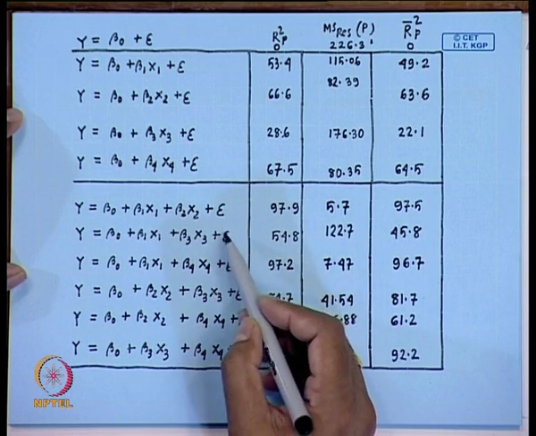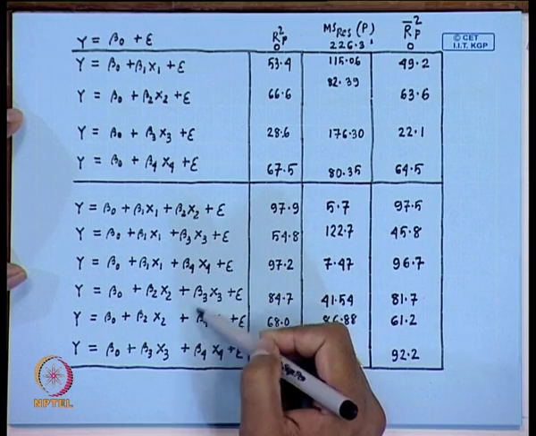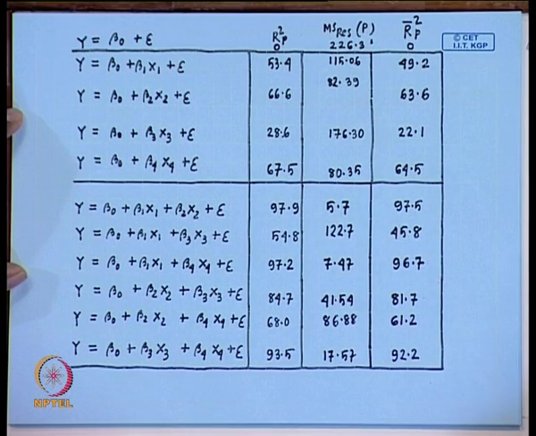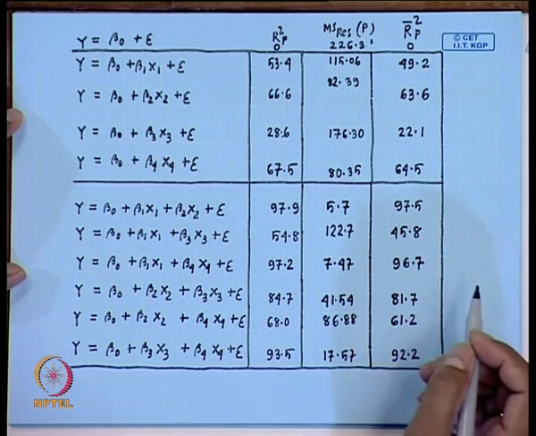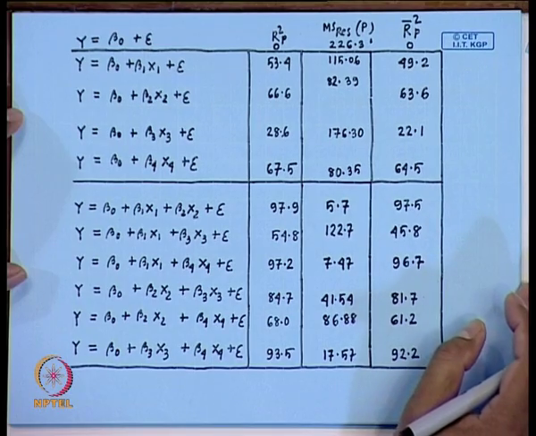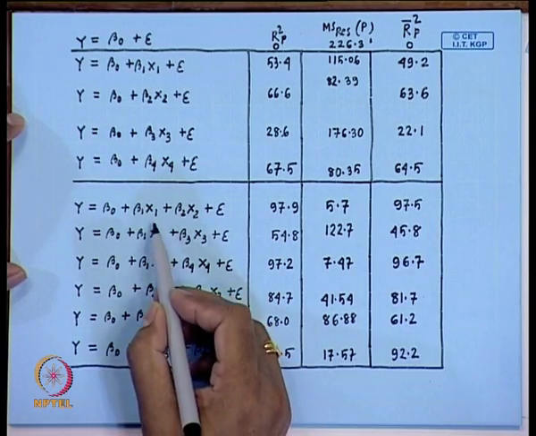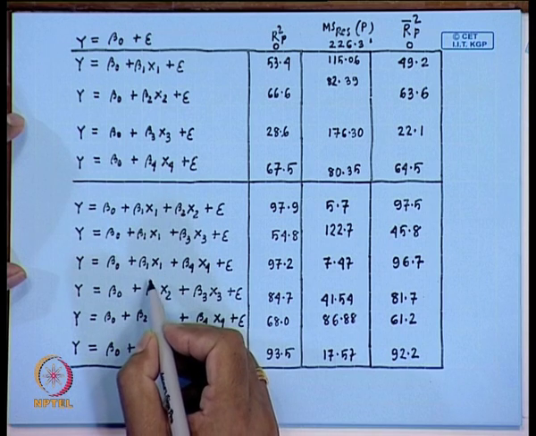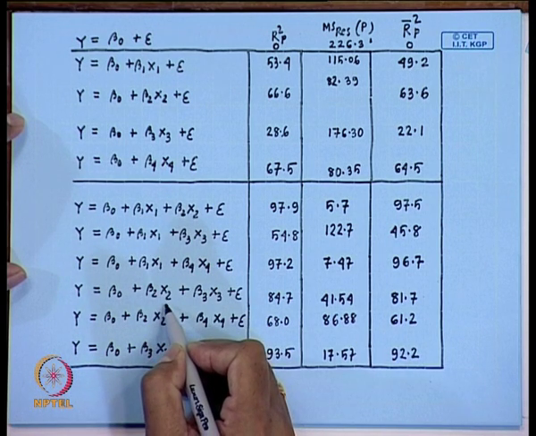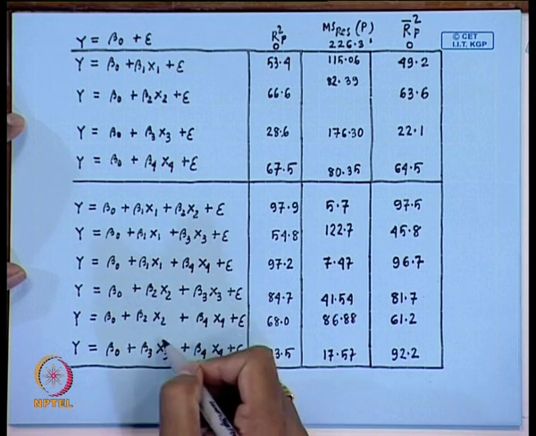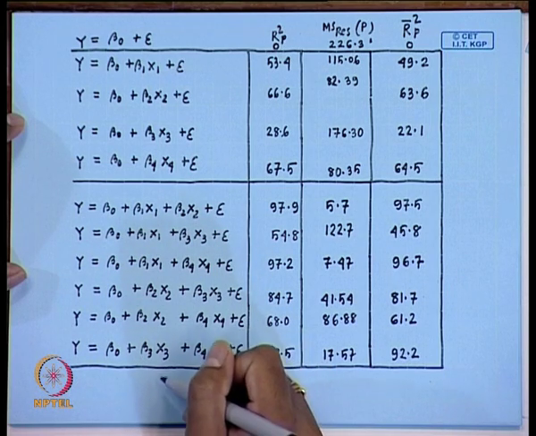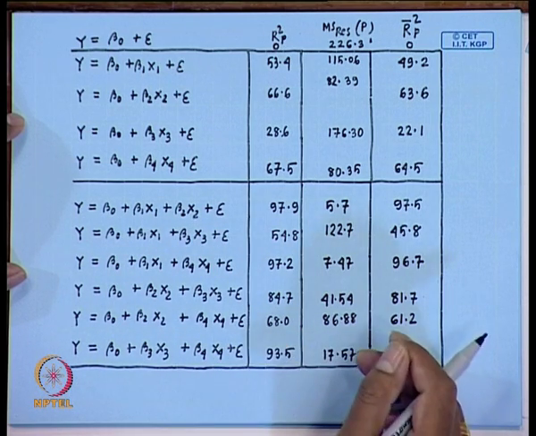Then we have 6 regression models involving two regressor variables: x 1 x 2, x 1 x 3, x 1 x 4, x 2 x 3, x 2 x 4, x 3 x 4.